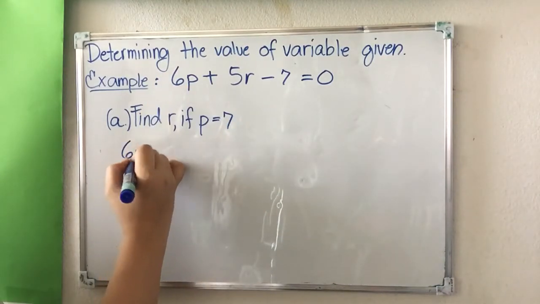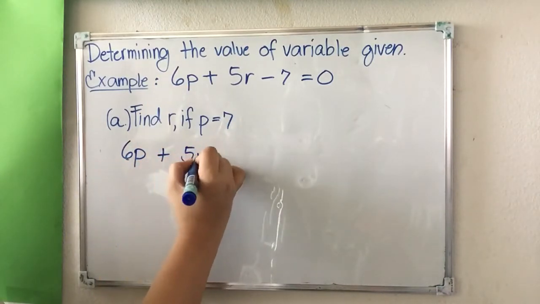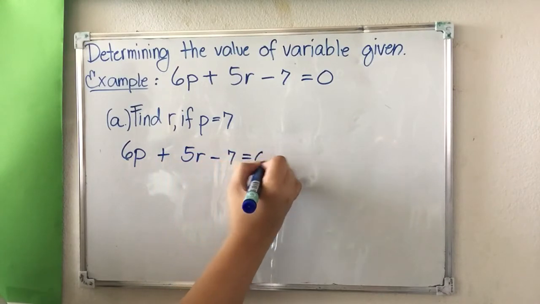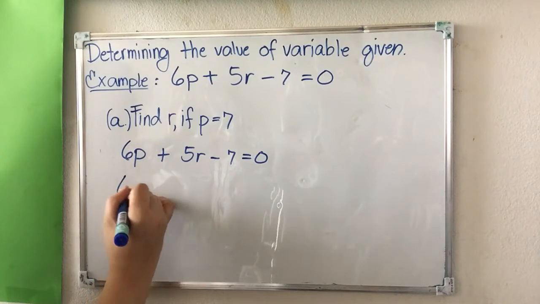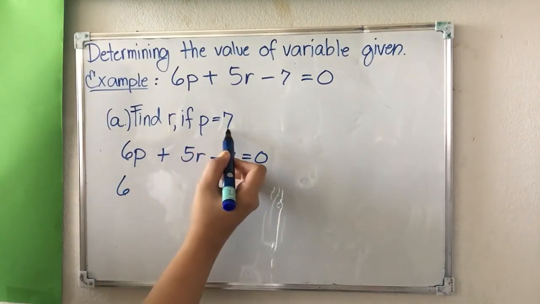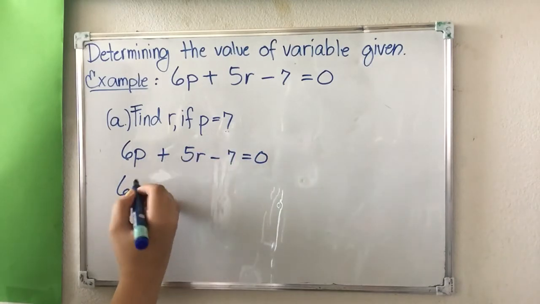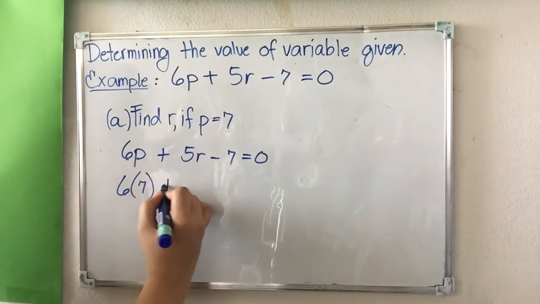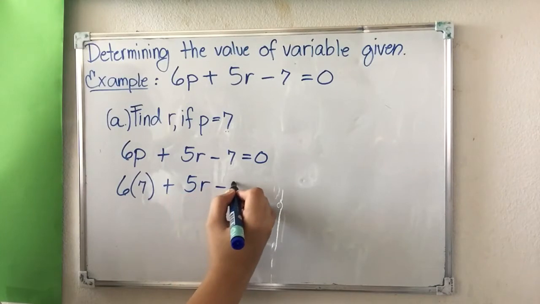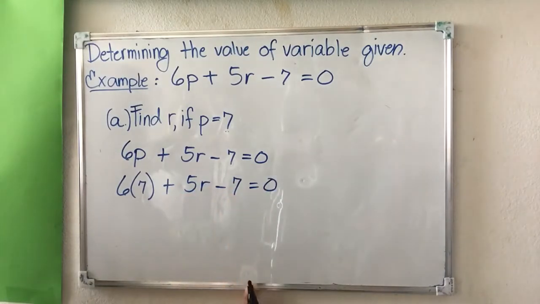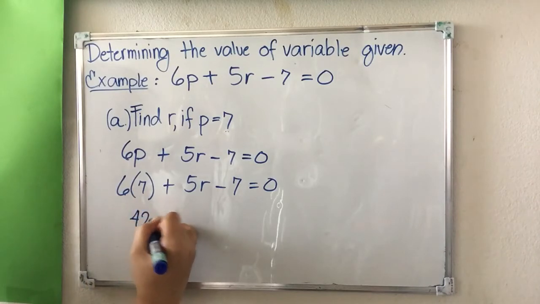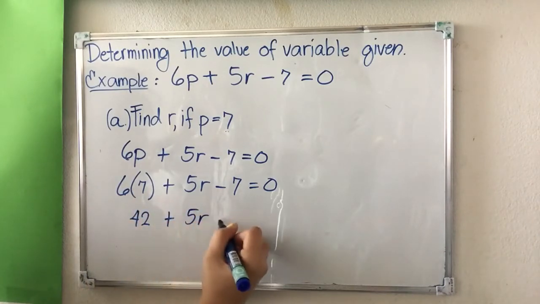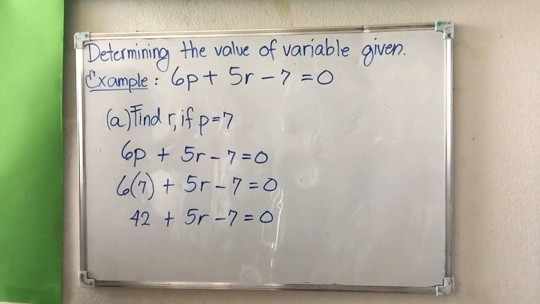So you have 6p plus 5r minus 7 is equal to 0. So simplify: we change this p to the given value, that is 6 times 7, that is equal to 42, plus 5r minus 7 is equal to 0.